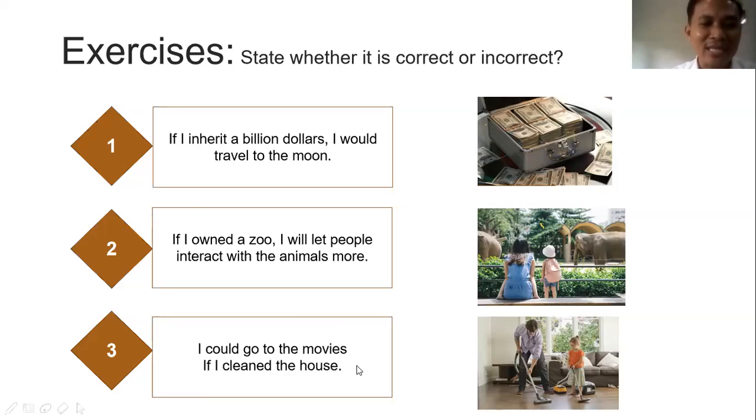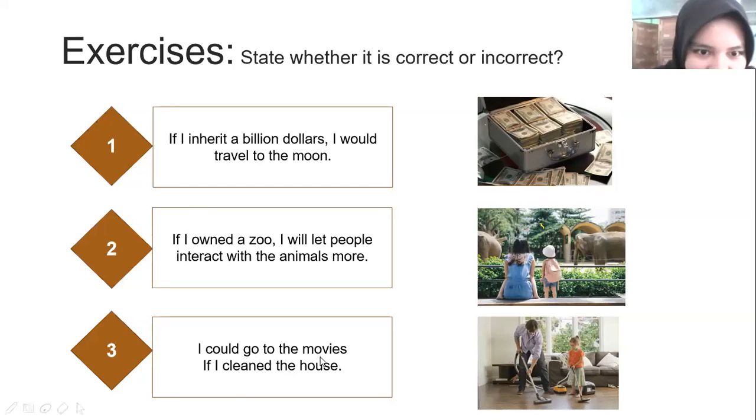Number 3, is it correct or incorrect? Correct, sir. Is it a correct sentence? Yes, very good. That is a correct sentence: I could go to the movies if I clean the house.